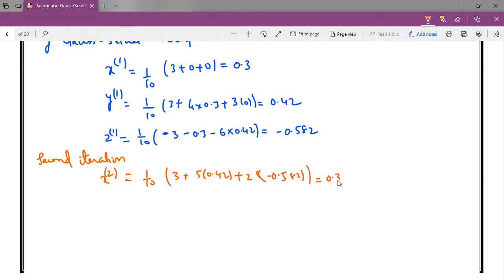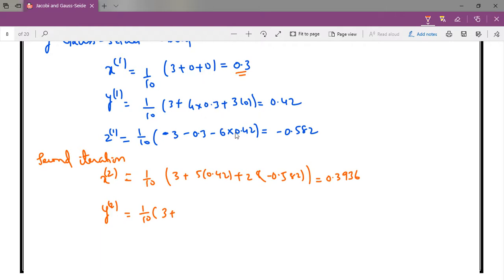So this is going to be 0.3936. See, x has been improved from 0.3 to 0.3936.